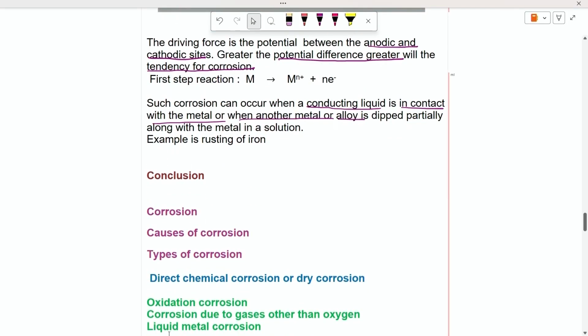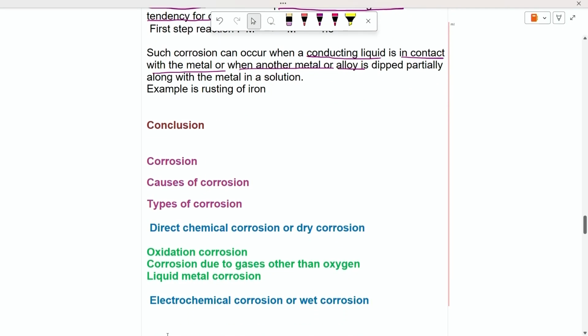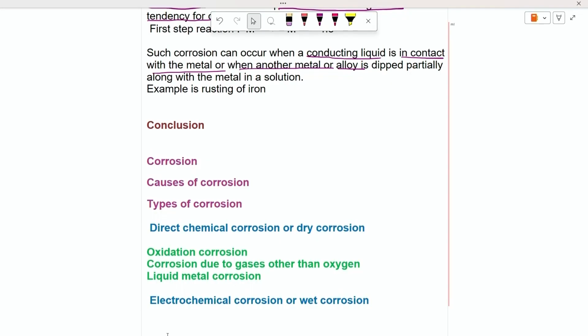So, in this session we have been seeing what corrosion is and how metals are converted into certain compounds, and thus the metal is getting destroyed. And we have been seeing the causes of corrosion, and the main culprit is moisture and also some acids, temperatures, etc. Then we have been seeing the types of corrosion based on the chemical deterioration which the metal undergoes, and in that we have direct chemical corrosion or dry corrosion, that is one.